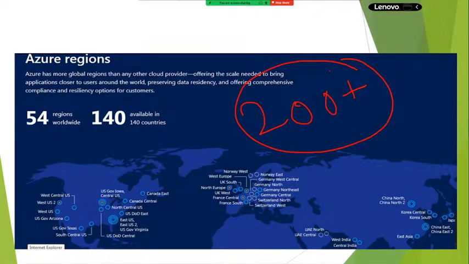This is the biggest and first organization which has installed this many data centers. Next, see, that is what they have directly mentioned: Azure has more global regions than any other cloud provider. Here, other cloud provider I can say is AWS.